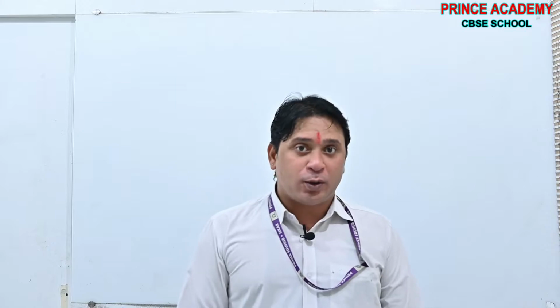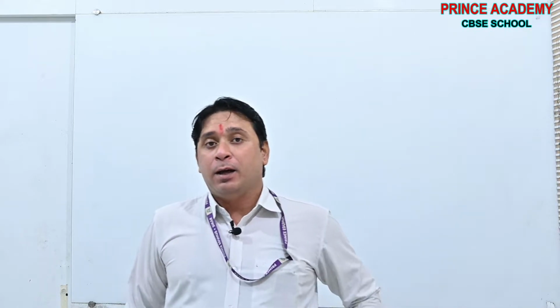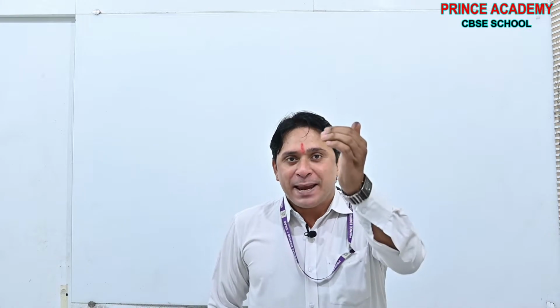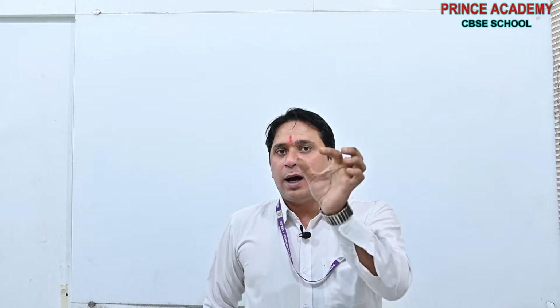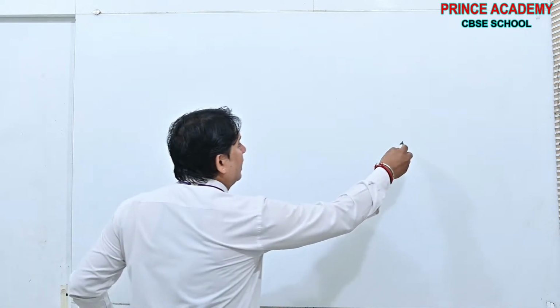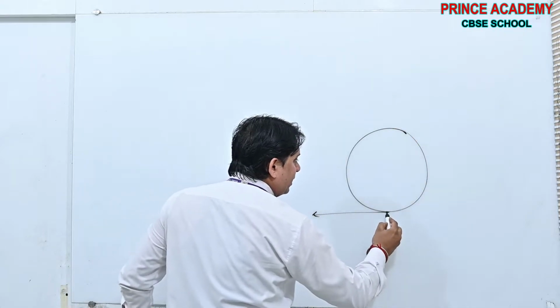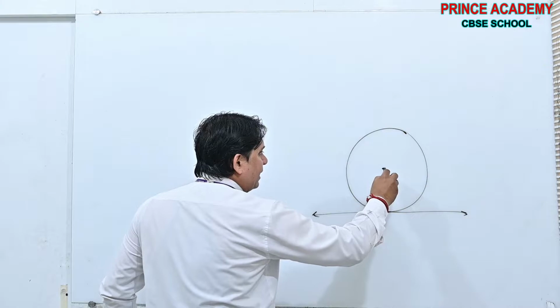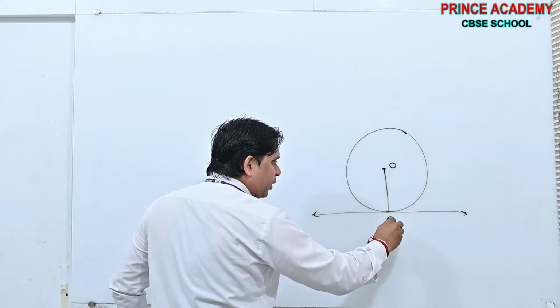Okay, so see students, theorem 10.1. What does the theorem say? The theorem states that when we meet the center with the point of contact, a radius is there. Suppose this is the circle and this is the tangent and I am meeting the center with the point of contact.